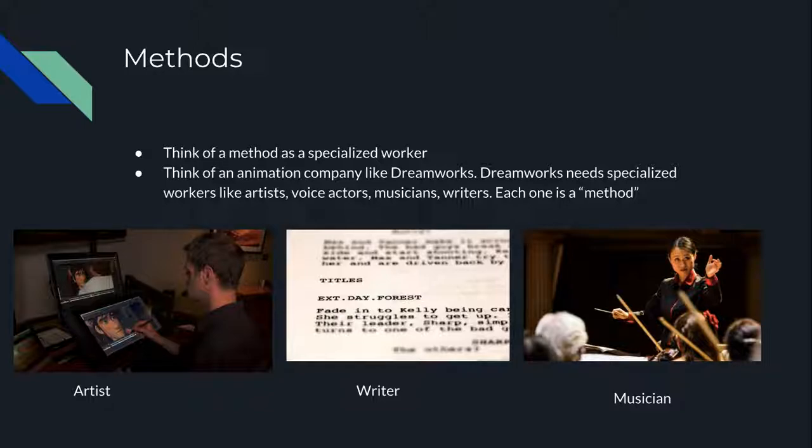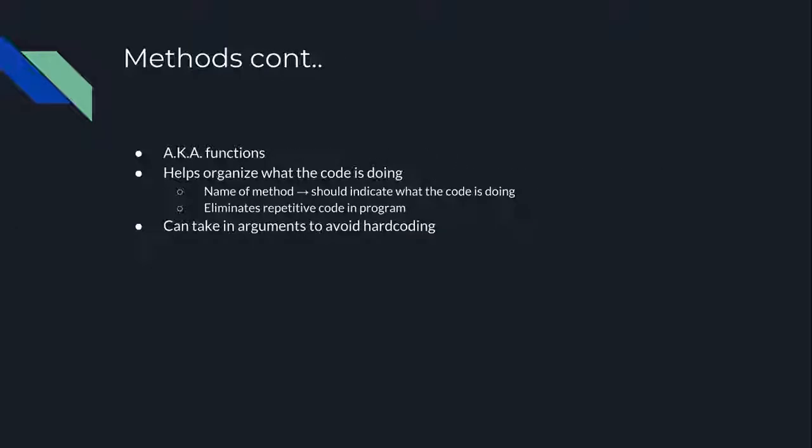So you can consider an artist to be one of the methods, a voice actor another method, and a musician another method. A key idea to take away from this is that a method does not do more than one thing. A musician would not also be voice acting, so we always want to keep them separate.